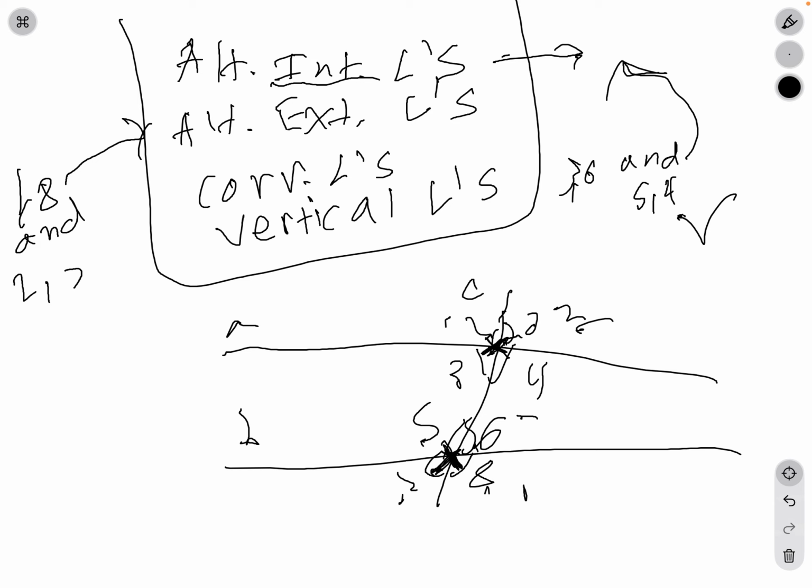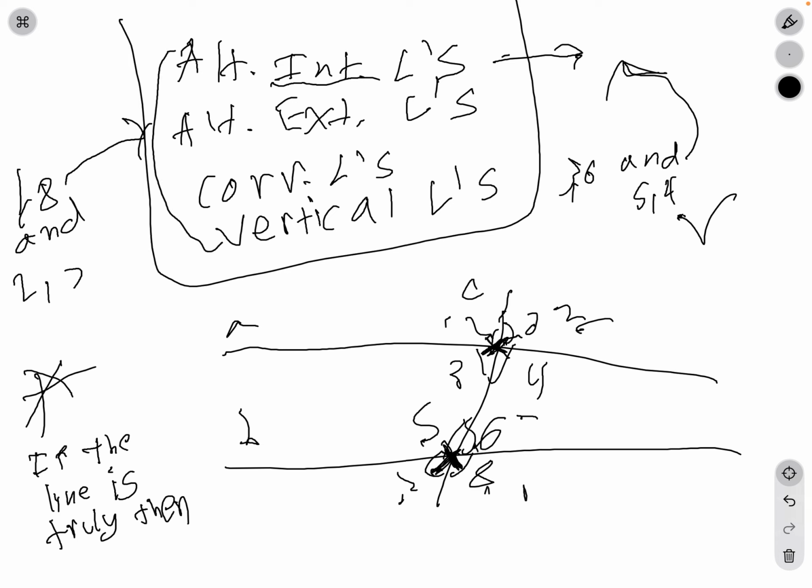Now, one more important thing. If the lines are truly parallel, then all of the angle pairs that follow, alternate interior, alternate exterior, corresponding, vertical, all of the angle pairs, are equal.